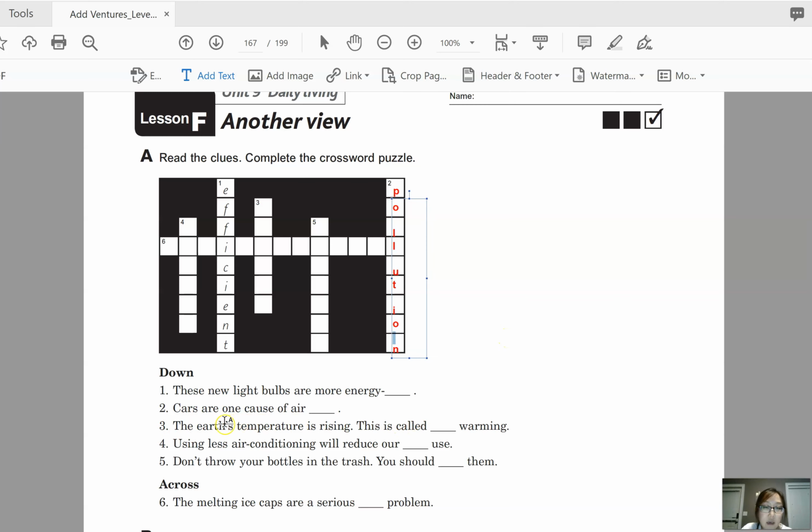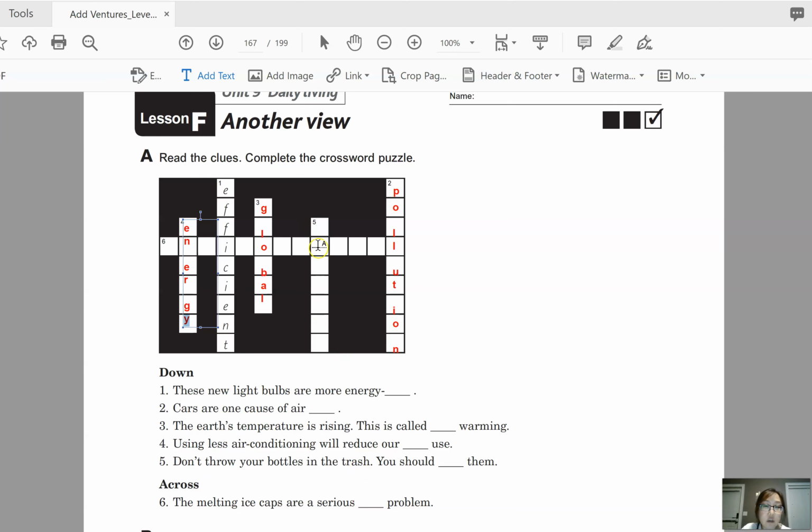And then number 3, the Earth's temperature is rising. This is called global warming. That's number 3 here. And then number 4, which is right here. Using less air conditioning will reduce our energy use. And then number 5, don't throw your bottles in the trash.